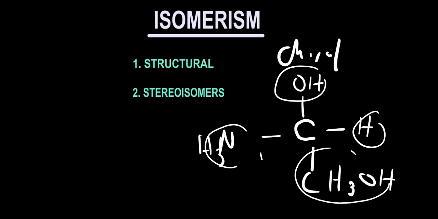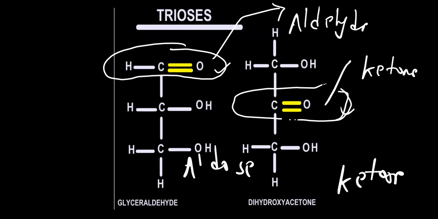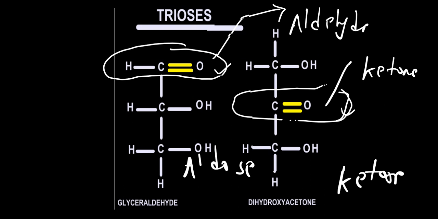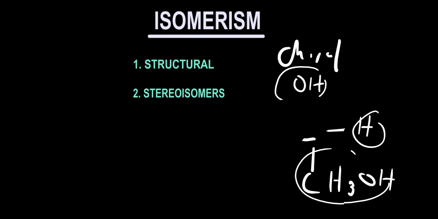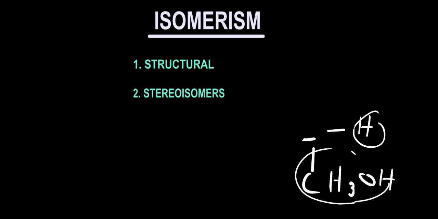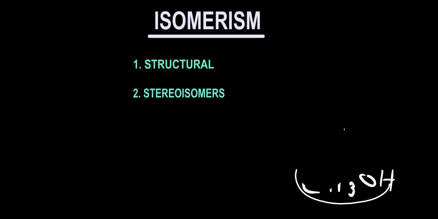When these groups are different, it's called a chiral carbon. Okay. So I thought of mentioning that, very, very important. So the opposite of a chiral carbon would be a non-chiral carbon, or you call it a non-asymmetric carbon.